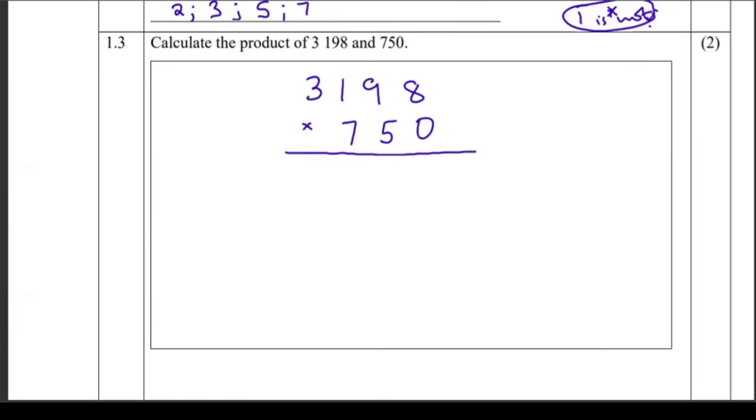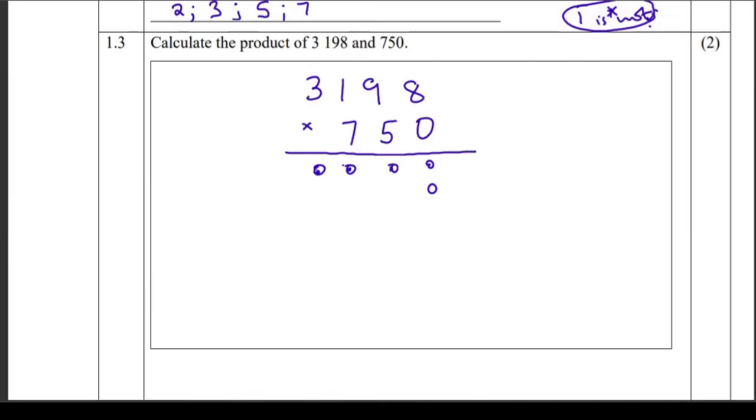Some others can do it using the expansion. So 0 times 8 is a 0. 0 times 9 is a 0. 0 and 1 is a 0. 0 and 3 is a 0. Then I need to place a 0 under the position of the last digit, because this 0 is just a placeholder.